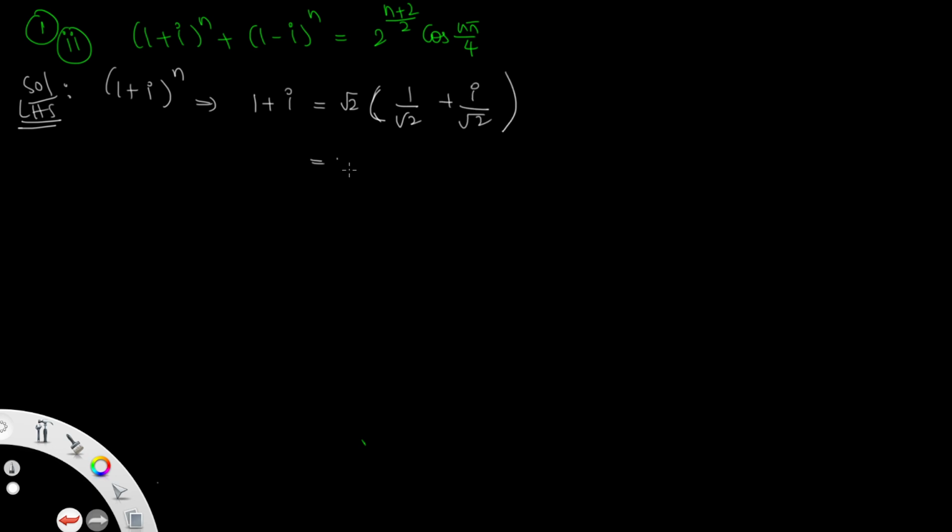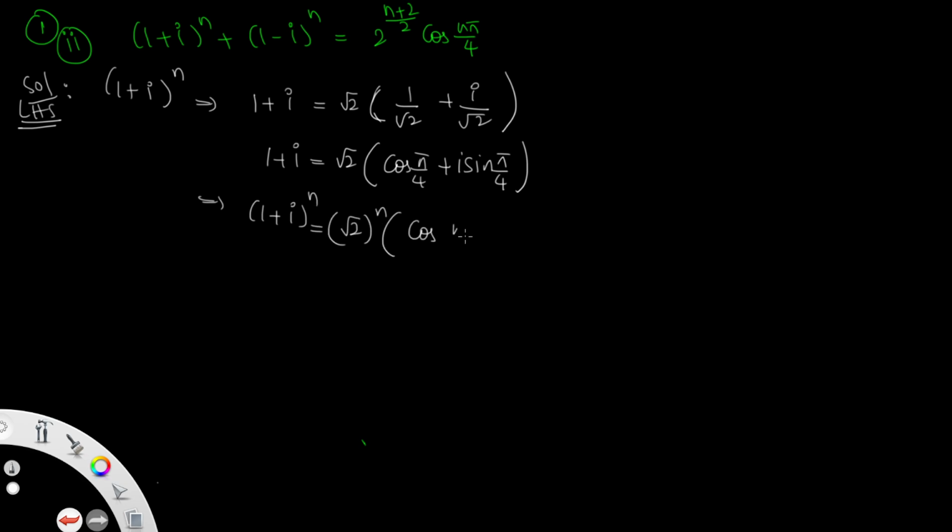That is nothing but root 2 into (cos pi by 4 plus i sin pi by 4). It is 1 plus i. Now raising (1 plus i) to the power of n, that is root 2 power n into (cos n pi by 4 plus i sin n pi by 4).